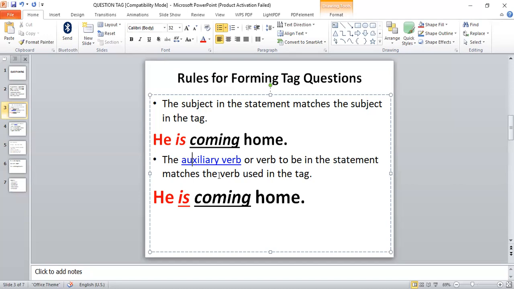So if you use any of these auxiliary verbs in a statement, they will represent the verb that you use in the tag if you must attach a question tag to such statements.